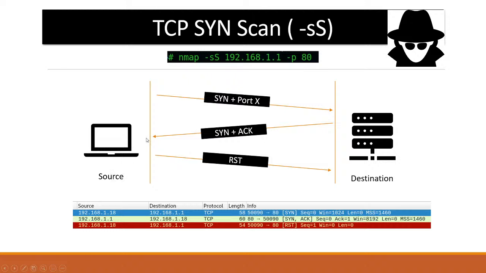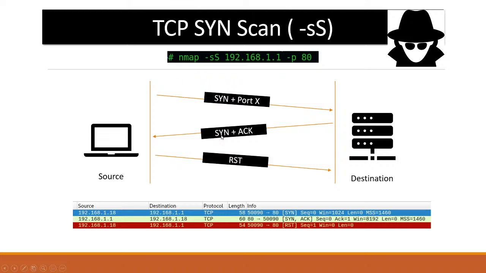Now what happens exactly once this command is executed? I'm just going to show you an illustration here. From the source there is a TCP segment with the SYN flag on with the target port number 80 going to the destination machine. So what happens in the destination machine? If port number 80 is open, then the service or daemon which is running on that port will give a reply back.